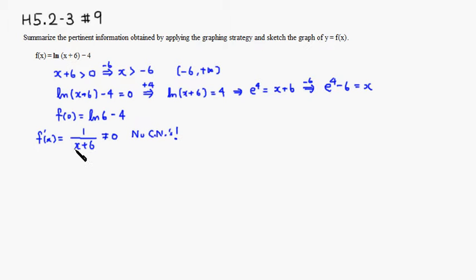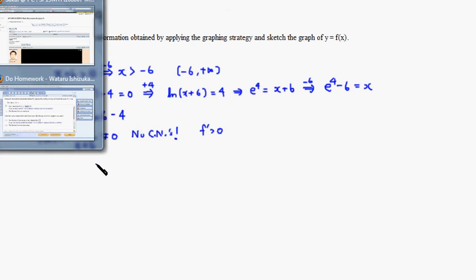But when x is greater than negative 6, this quantity is always positive. So f prime is always positive, which means the function is increasing on its domain.